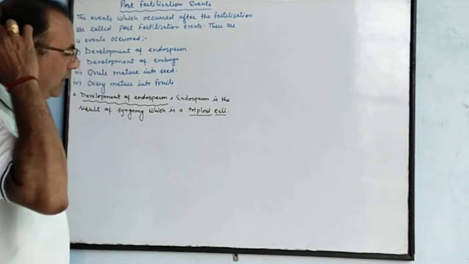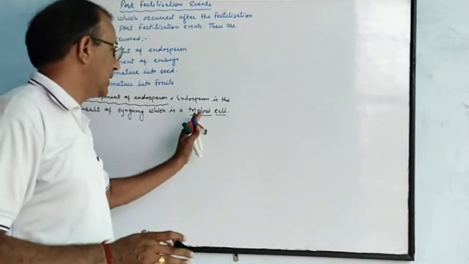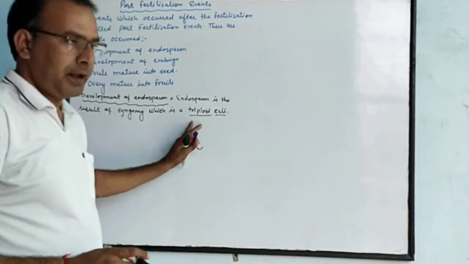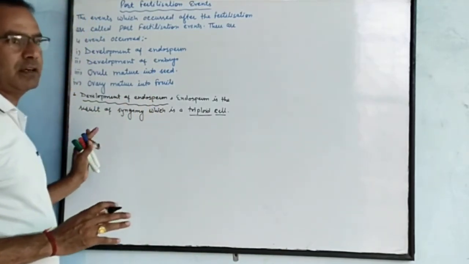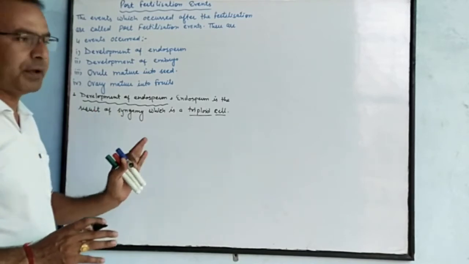As the synergid or antipodal cells degenerate, they mix with the endosperm. And this endosperm is the triploid cell which provides nutrition to the developing embryo.